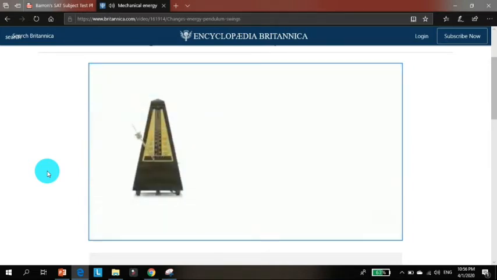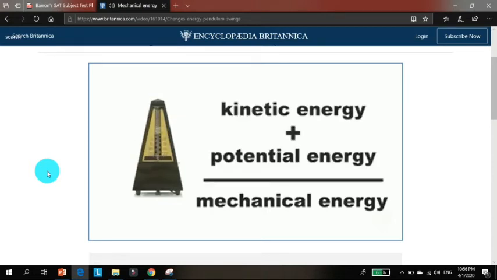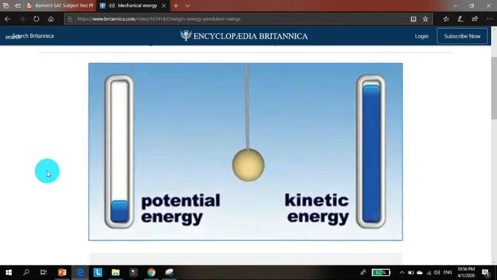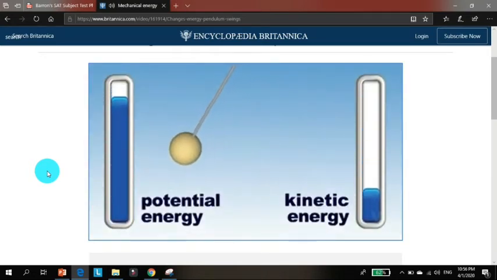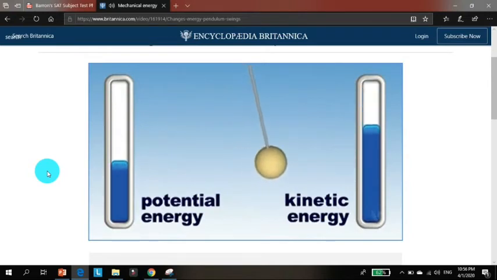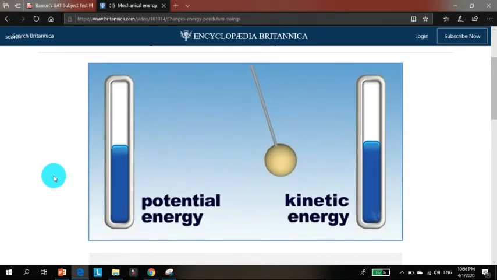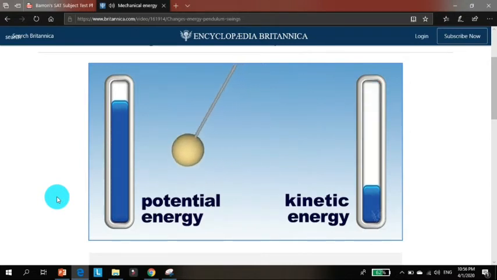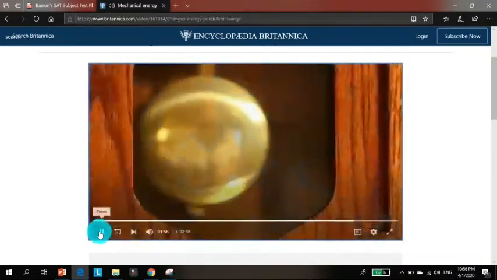An ideal pendulum system always contains a stable amount of mechanical energy, that is, the total of kinetic plus potential energy. As the pendulum swings back and forth, the balance between the two types of energy changes constantly. At some points in its swing, the pendulum has more kinetic energy. At other points, it has more potential energy. Of course, no working system.